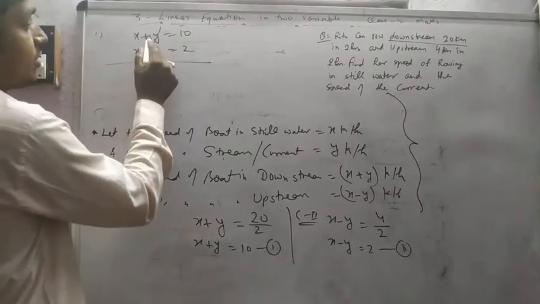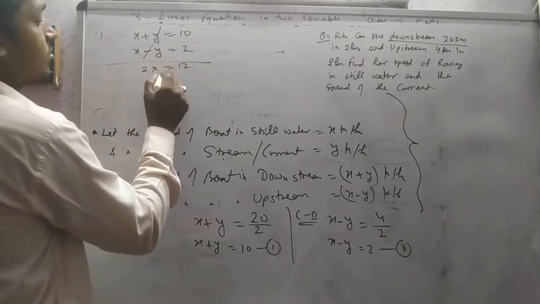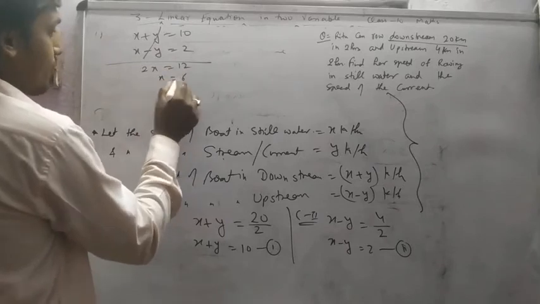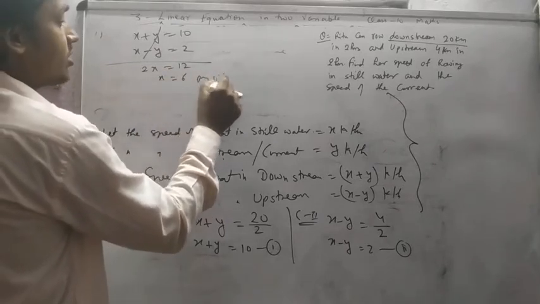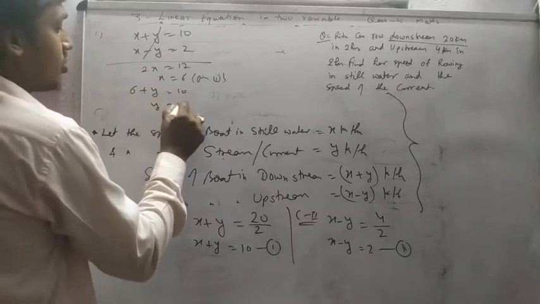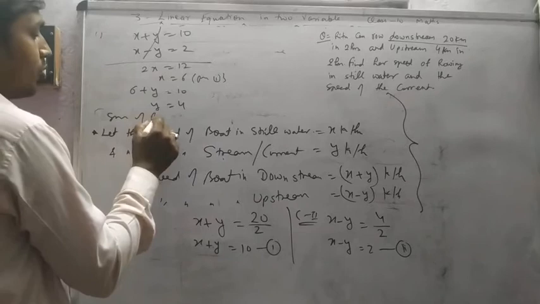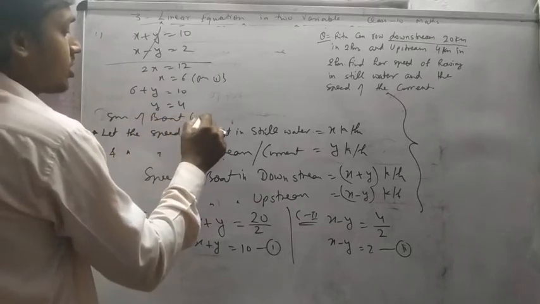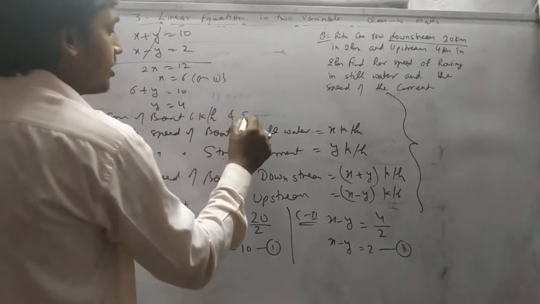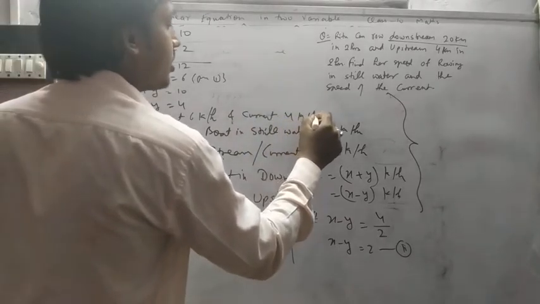Same coefficient with different sign, so add: 2x equal to 12, x equal to 6. Put in first, so 6 plus y is equal to 10, y is equal to 4. So speed of boat is 6 km per hour and current 4 km per hour.